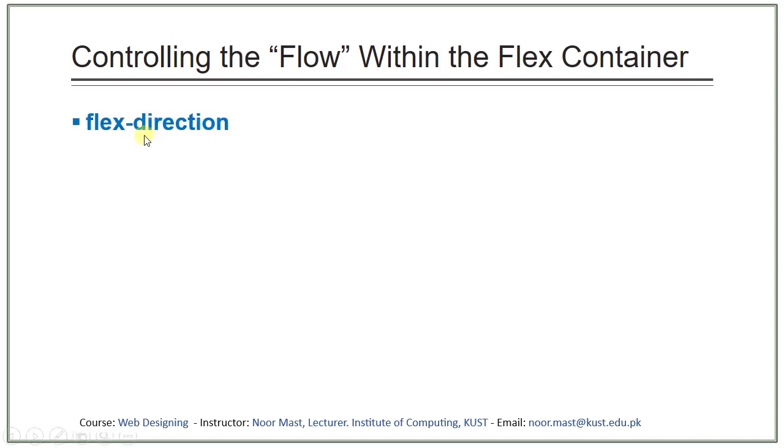The flex-direction property. This property is used to establish the main axis, that is, to define the direction of the flex items to be placed in the flex container. Flexbox is a single direction layout concept, that is, to place the items in a horizontal direction or in a vertical direction.